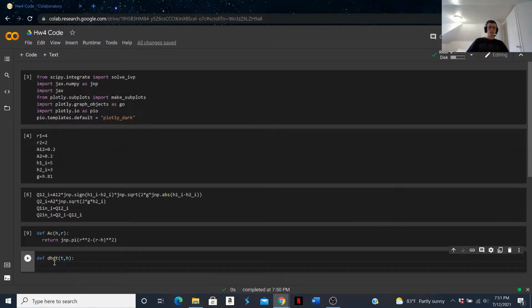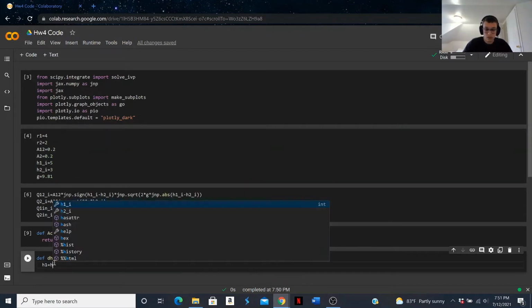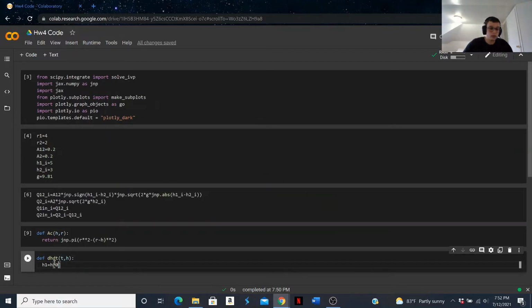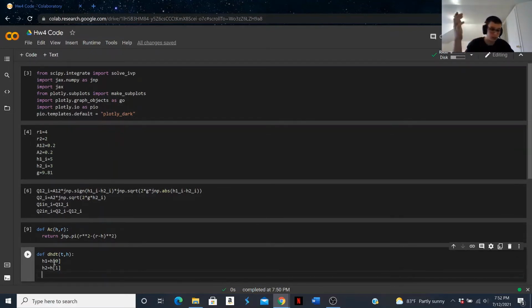And now for our height, since we're working with arrays now and indexing starts at 0, our first height value is just going to be h of 0, and our second height value is just going to be h of 1. So that basically accounts for Python indexing and how it starts at 0.